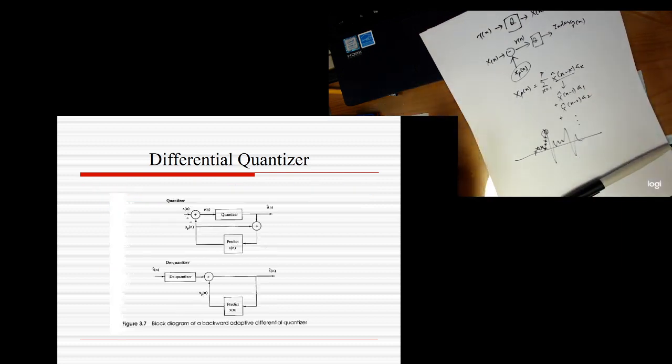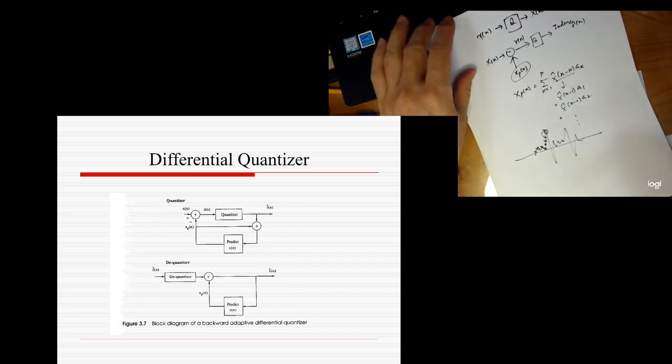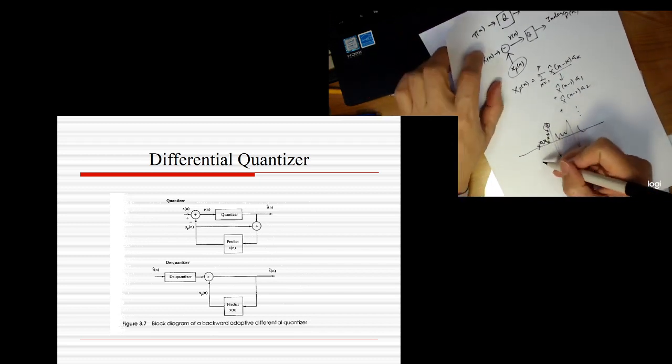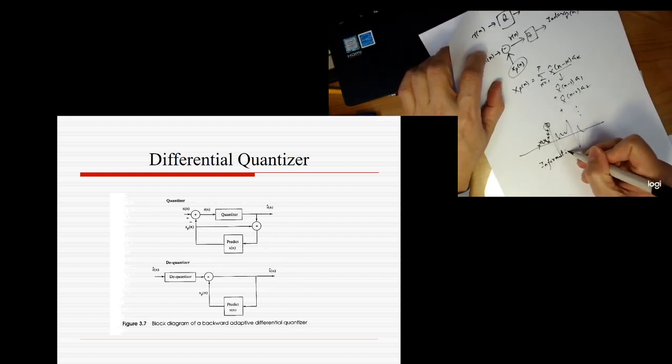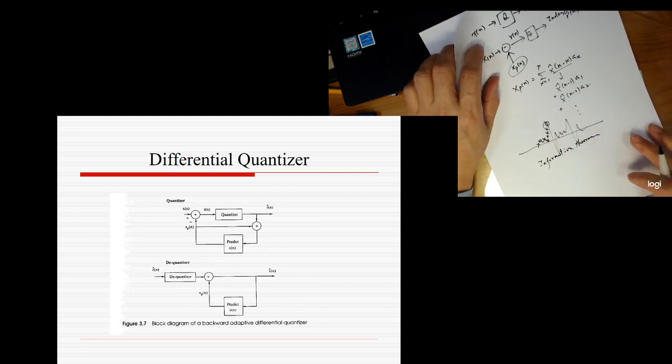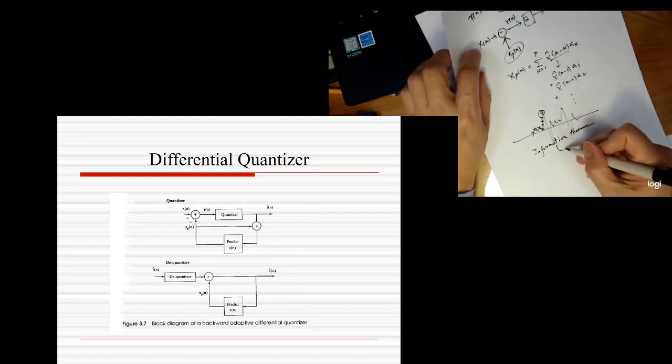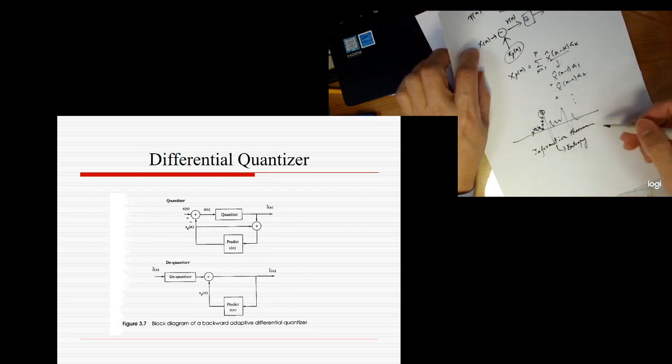So the main idea, if you know information theory, we call it entropy. If the signal's dynamic range is bigger, the entropy will be higher.